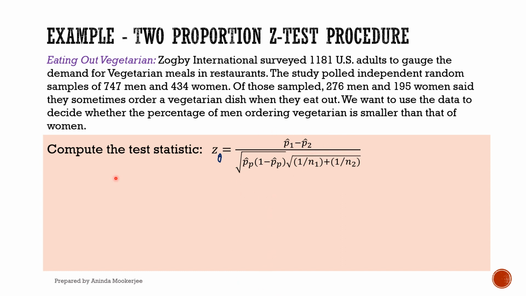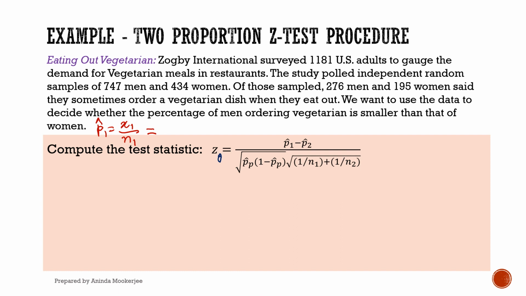All right, so I'm going to spend some time to come up with these values of p hat sub 1, p hat sub 2 and p hat sub p. If you recall, p hat sub 1 goes with the formula x1 divided by n1. So 1 represents population 1, correct? Population 1 is men.